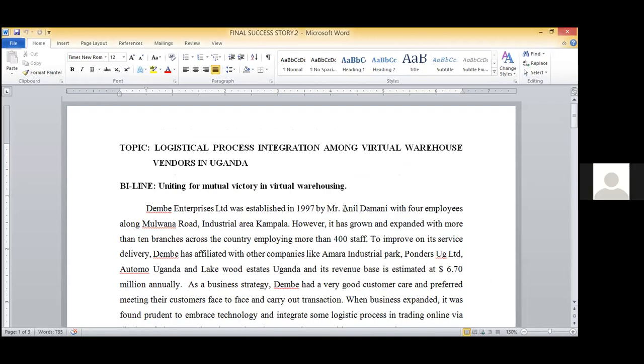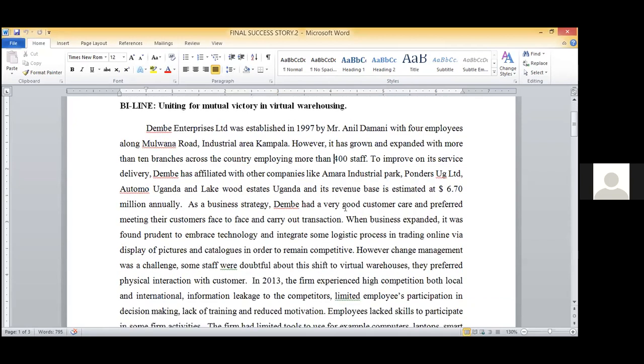Yes, my success story. The topic is logistical process integration among virtual warehouse vendors in Uganda, and the byline is uniting for mutual victory in virtual warehousing. Dembe Enterprises Limited was established in 1997 by Mr. Anil Daman with 4 employees along Murwana Road, Industrial Area, Kampala.